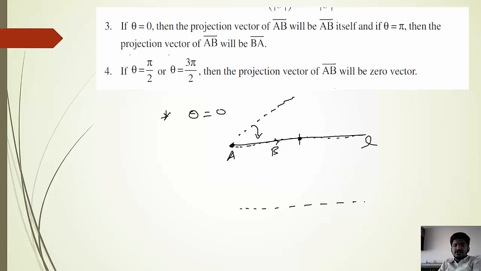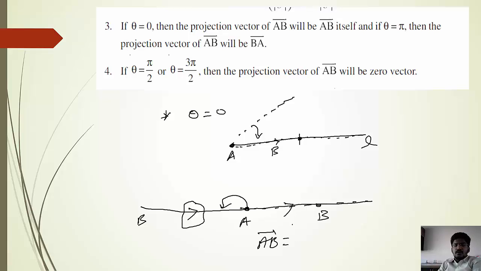And another one is, if this theta becomes pi, now this line will be here, this is B, direction will be towards A and this is B. So your AB vector will be equal to BA vector. That means projection of AB will be BA vector. Clear? Okay.